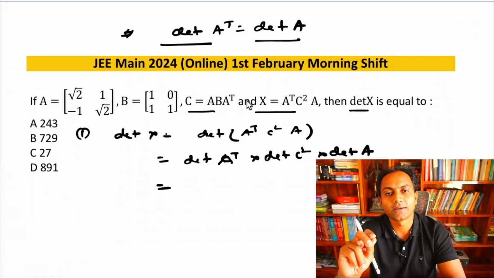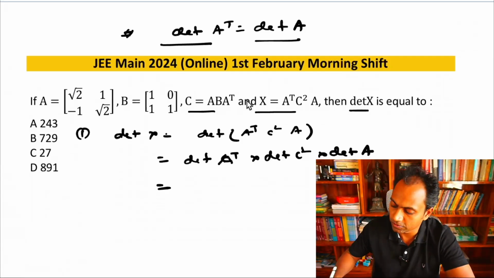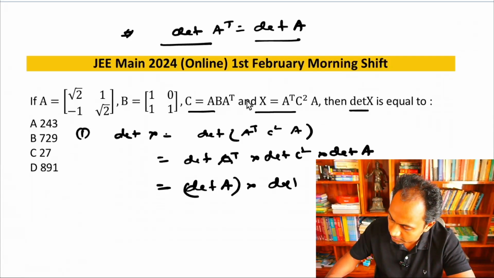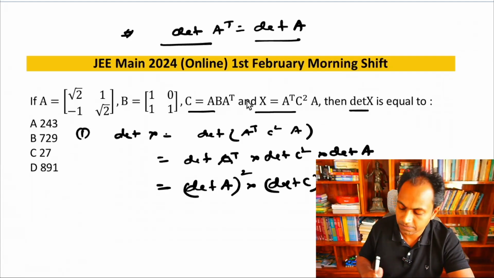Hence the determinant of the transpose is equal to the determinant of A. So this becomes nothing but the determinant of A. This becomes the determinant of C coming 2 times, so it will become determinant of C square. And this is again the determinant of A, so let us write this as determinant of A square.